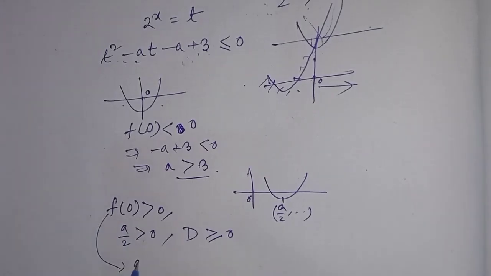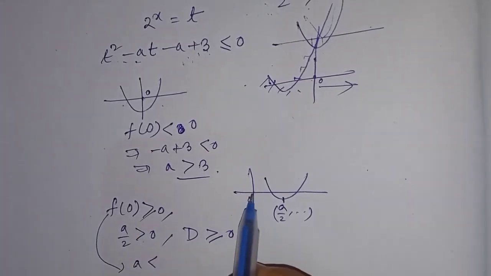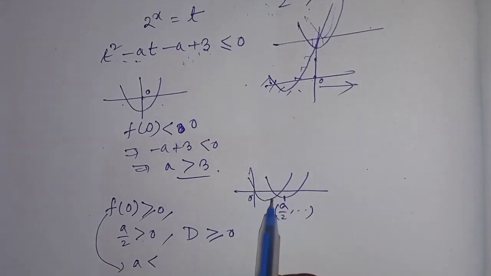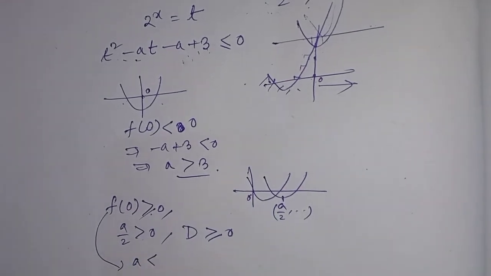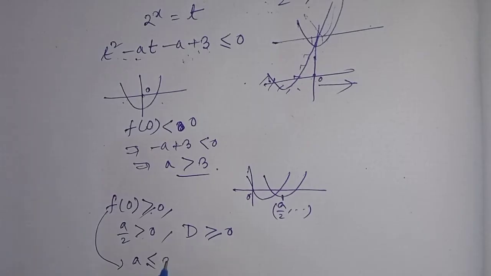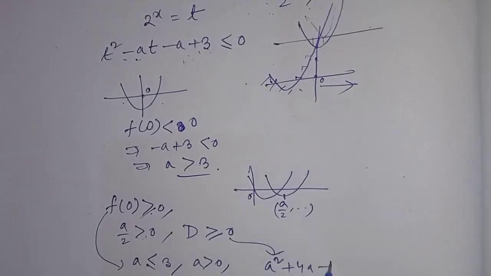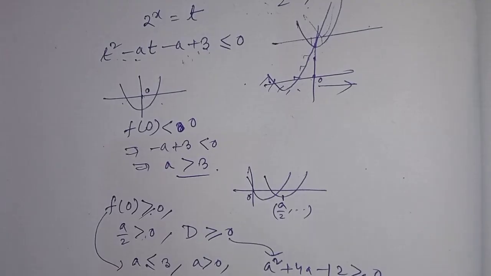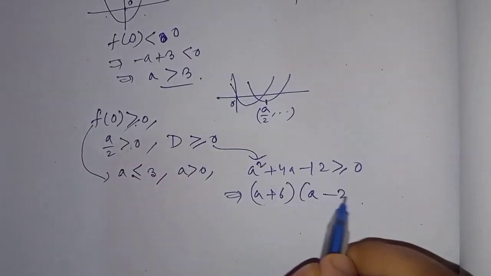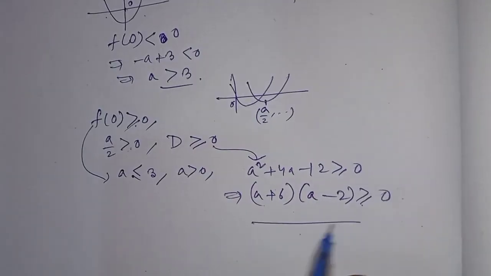Solving this, we get a is less than or equal to 3. I must put an equality sign here because we may have a situation like this also. Then from here a is greater than 0, and if we simplify this, we get a square plus 4a minus 12 is greater than or equal to 0, that is, a plus 6 into a minus 2 is greater than or equal to 0.